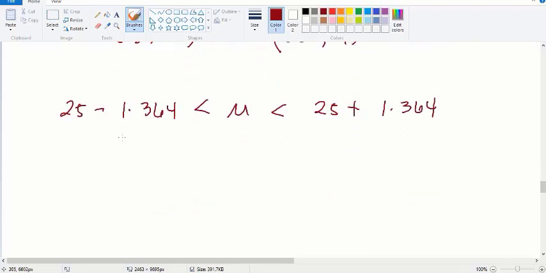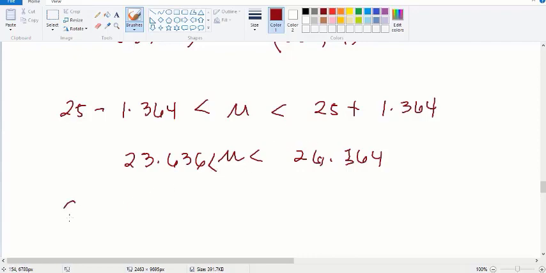So this is our upper, 26.364. And on the other side, 25 minus 1.364 is 23.636. Sorry, I forgot that. So that is your interval now.